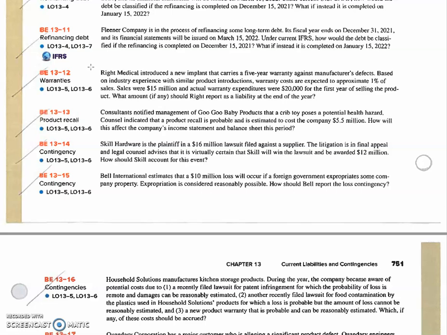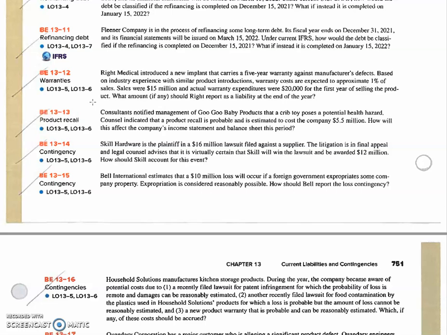Warranty costs are estimated to be approximately 1% of sales. Sales were, excuse me, I had to cough. Sales were $15 million. The actual warranty expenditures were $20,000 for the first year of selling the product. What amount, if any, should Wright report as a liability at the end of the year?